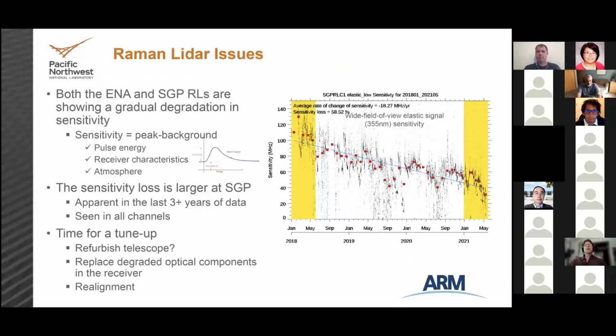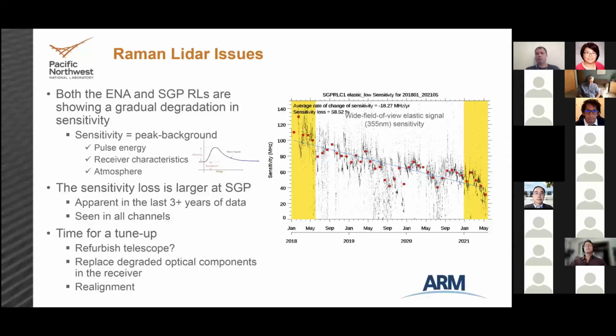As far as the Raman LiDARs are concerned, maybe the most significant recent news, not the greatest news, but something people should be aware of. What I have seen over the last 3 or so years from both the ENA LiDAR and the SGP LiDAR is a gradual deterioration in the sensitivity.